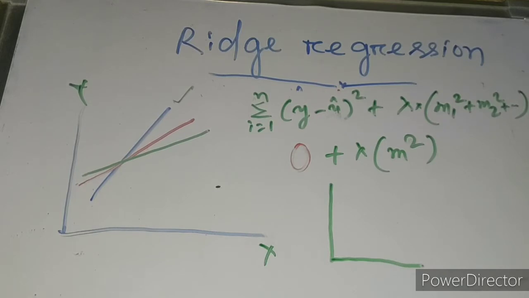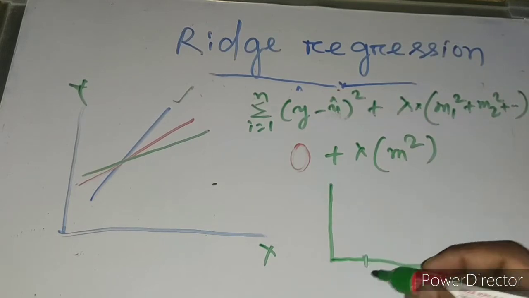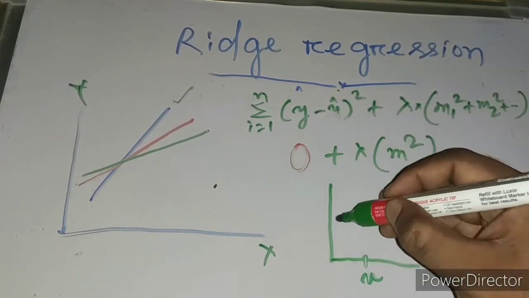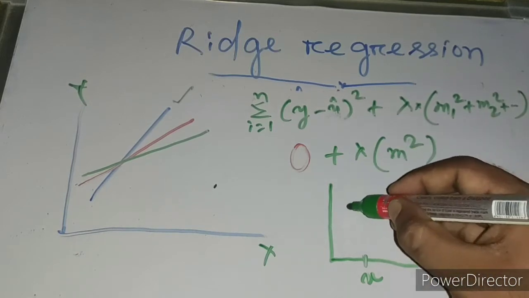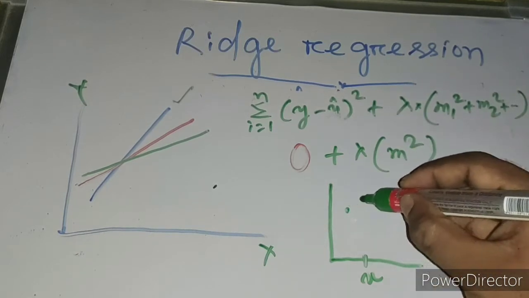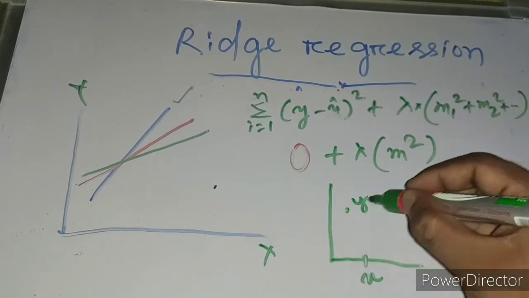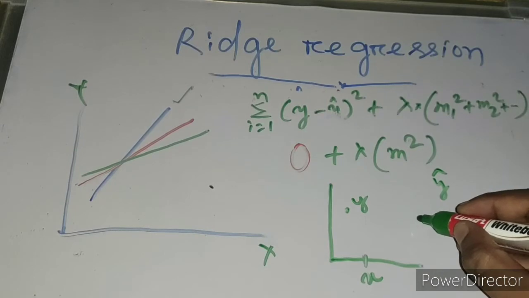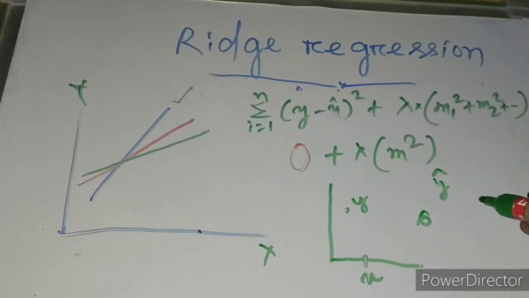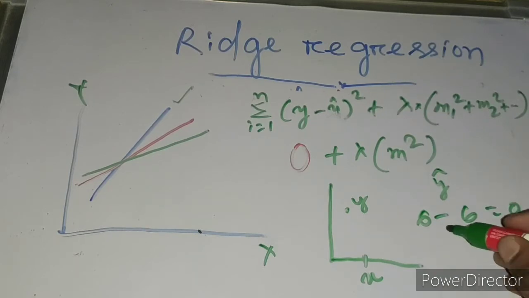We were getting our best fit line. It means for our x value, we were getting the corresponding y value. Suppose the y value we have estimated is 6, and we got our y cap as also 6. So here 6 minus 6 equals 0.